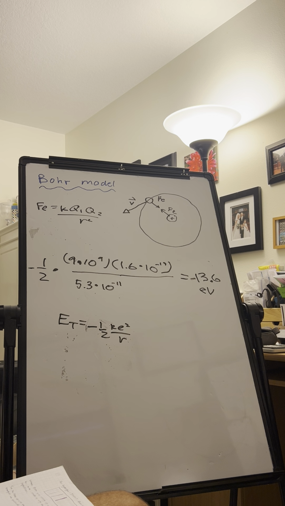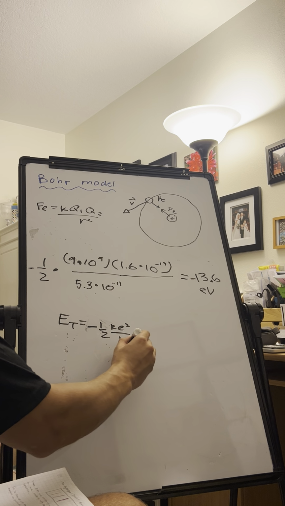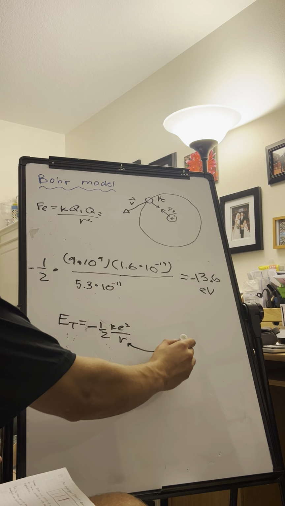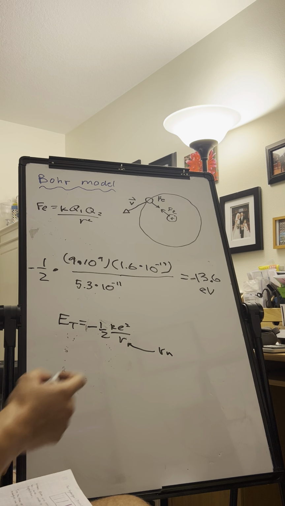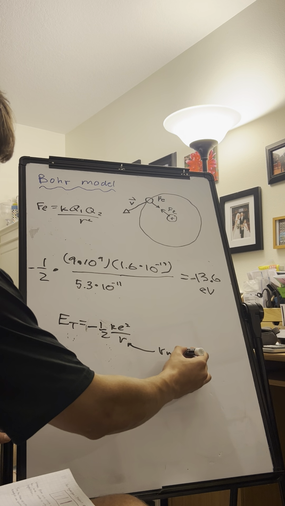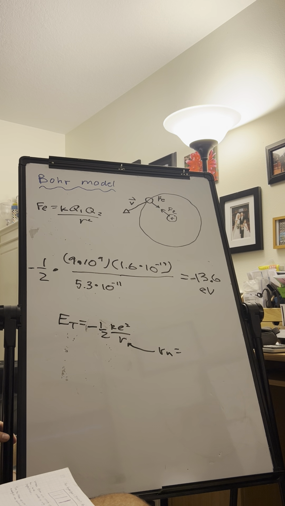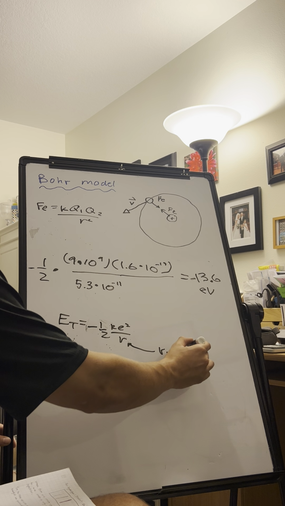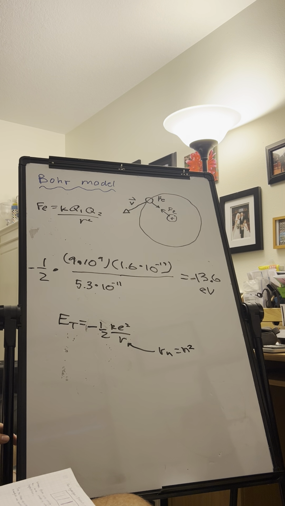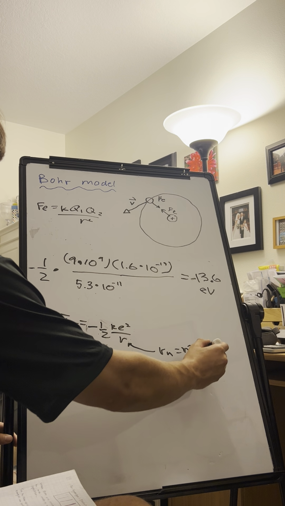And so this radius r n, depending on what state it is in, he said this is equal to the quantum number squared times the ground state radius. So we can call that R1.